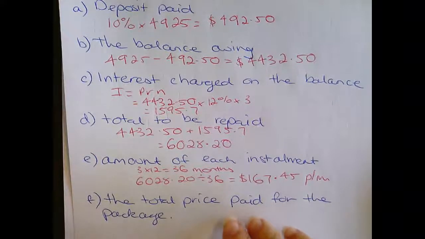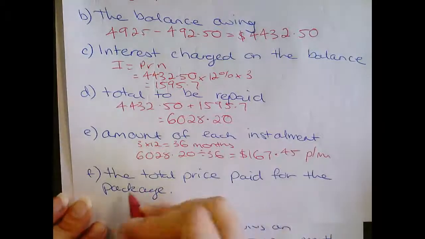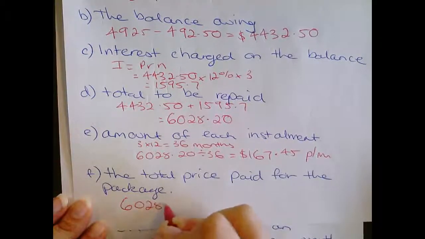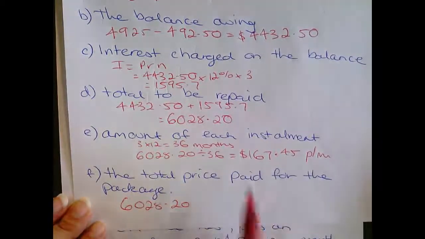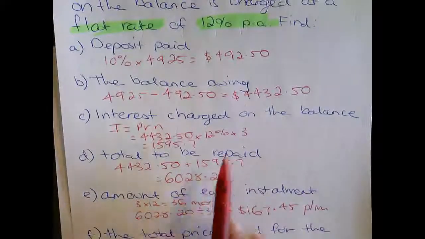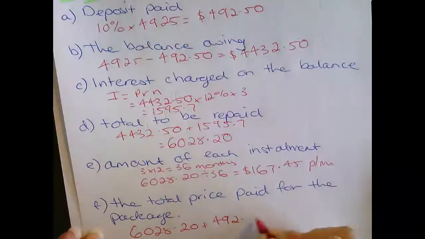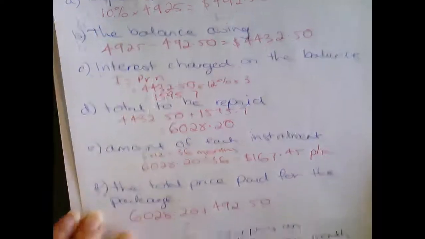Find the total price paid for the package. So they're paying the 6028.2. They're paying that, but remember they also paid a deposit. They also paid the deposit already for 492.50.